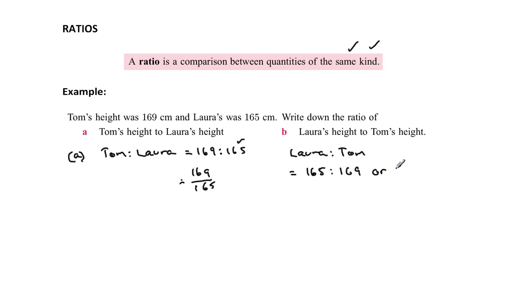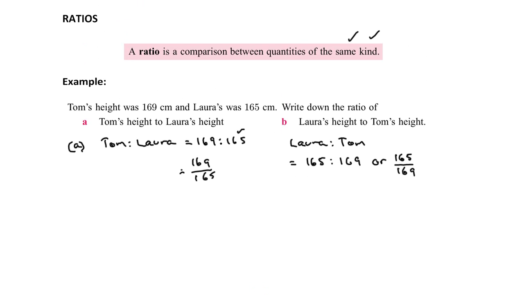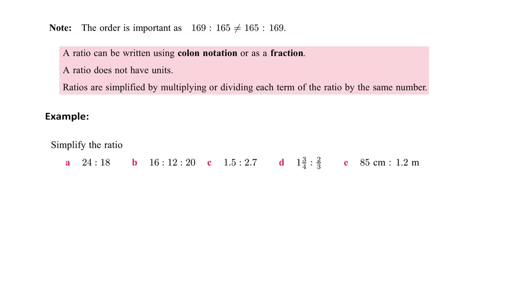This time 165 is in the numerator because it came first, and 169 is in the denominator. So there's some important things to learn as you do these ratios. Let's go on to the next example.